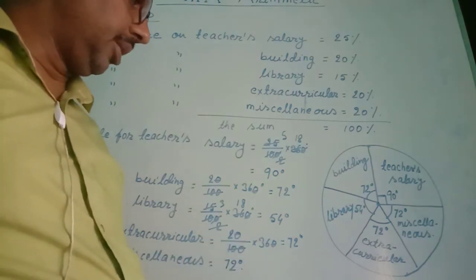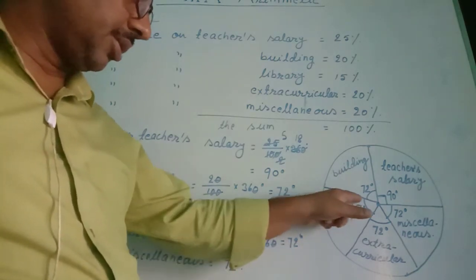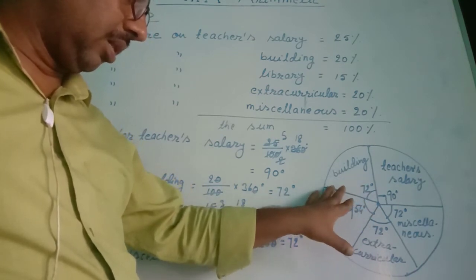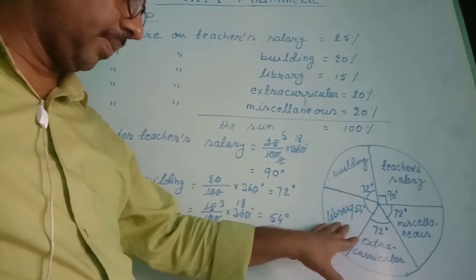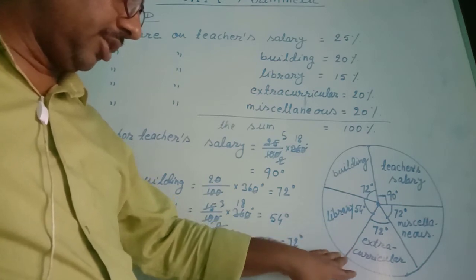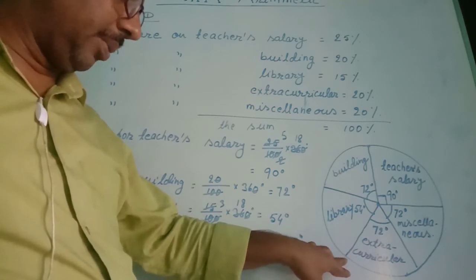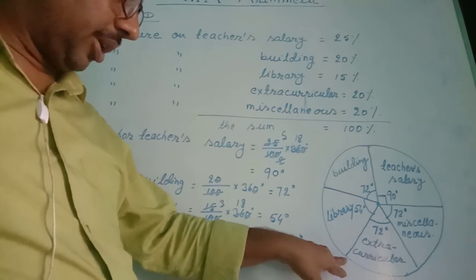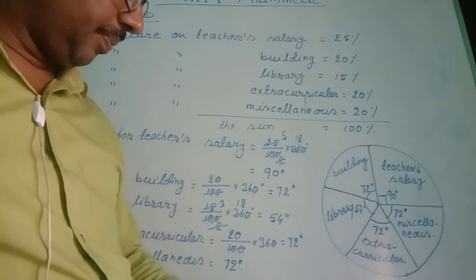Third is 54 degrees. For this I used this base. I kept the protractor here. Now all the measurements will go downward. We measured 54 degrees. Suppose that measurement came here. I kept one point, and after removing the protractor I joined this to the center of the circle.